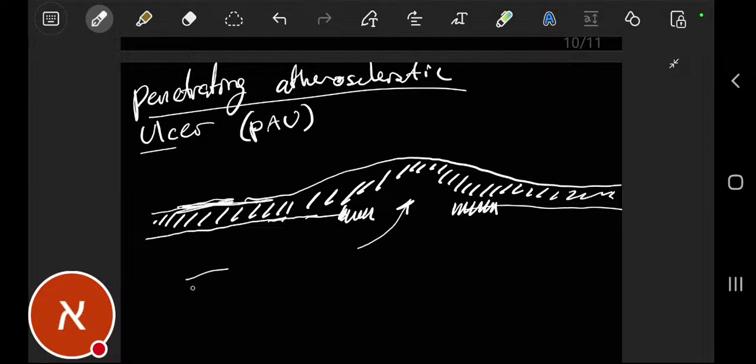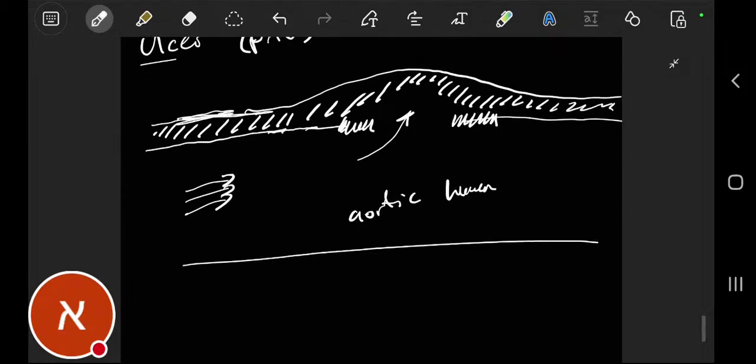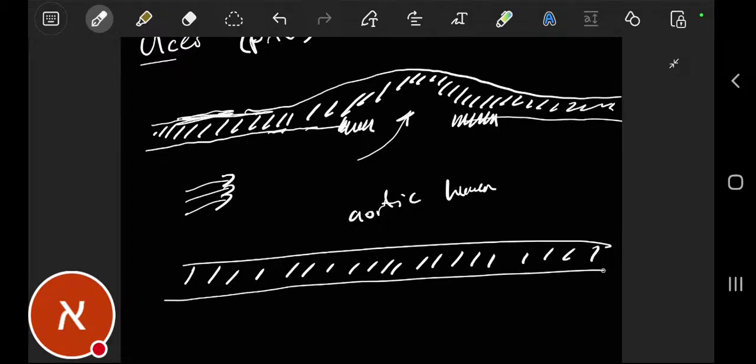And here is the lumen, and blood can flow right over here. This is the aortic lumen, and this is the other, normal wall of the aorta, with intima, media, and adventitia.